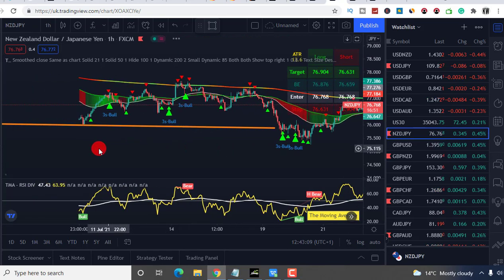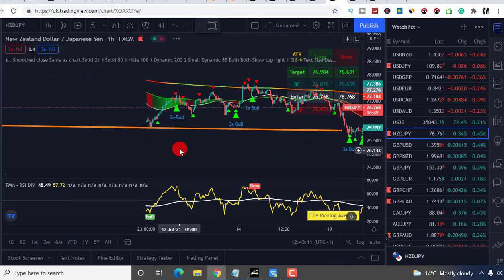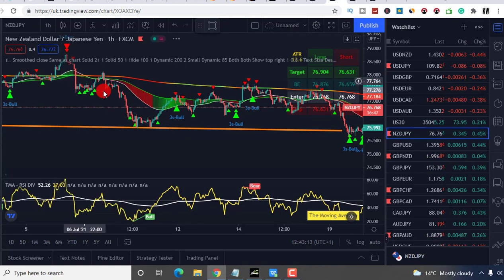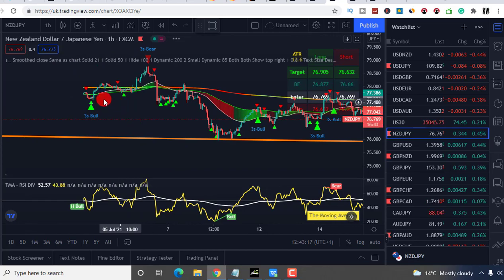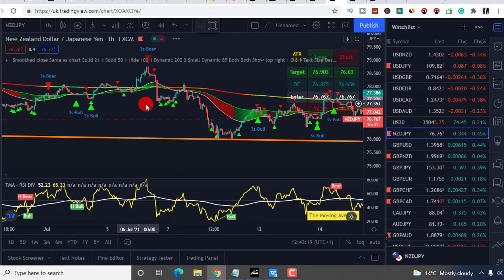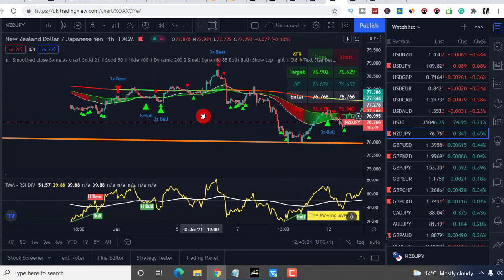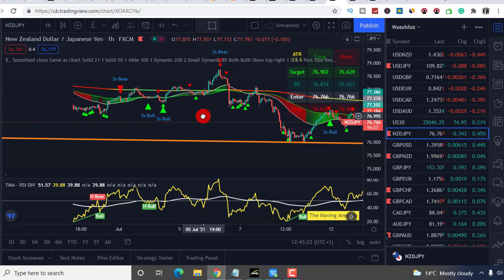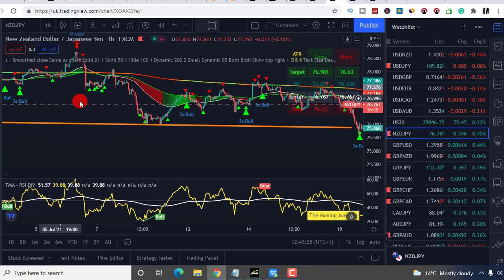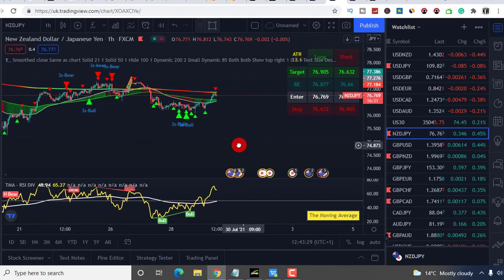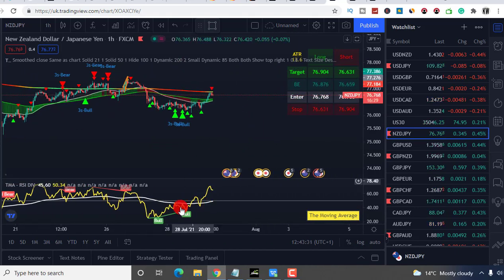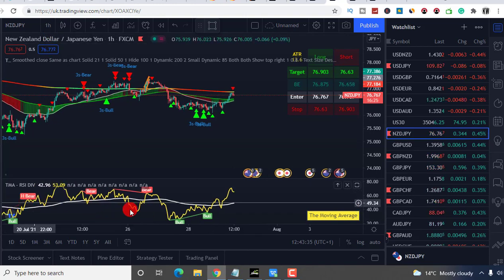So we see price open. It couldn't really go above the moving average, could it? So I would say it's better to keep it under the moving average. Let's see. Maybe keep it under the moving average, because if I go here as well, we have hidden bearish.